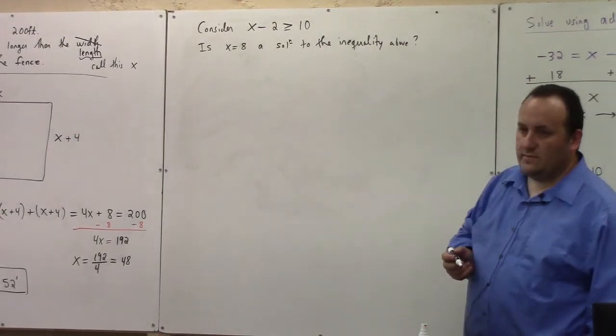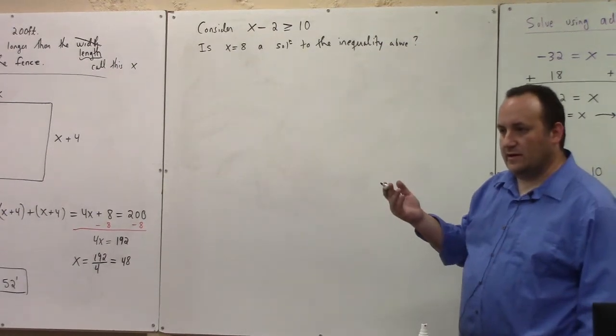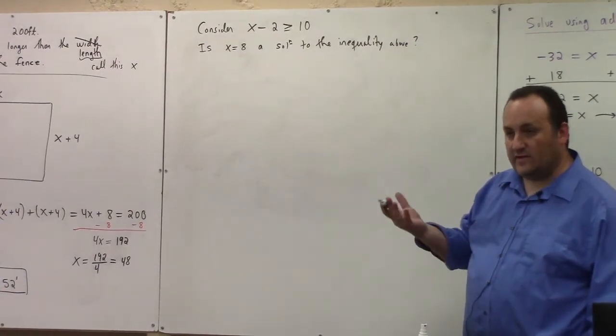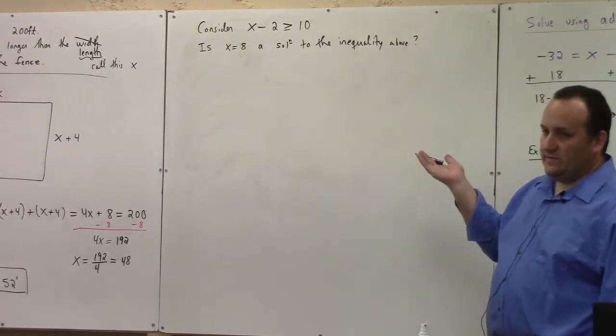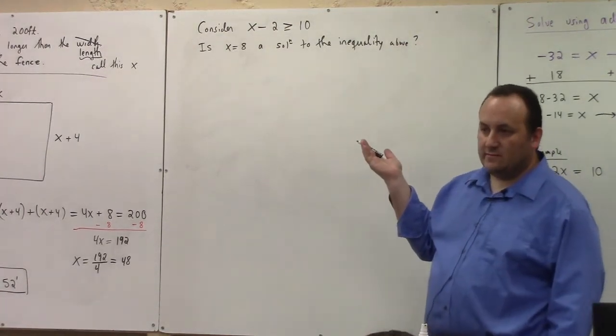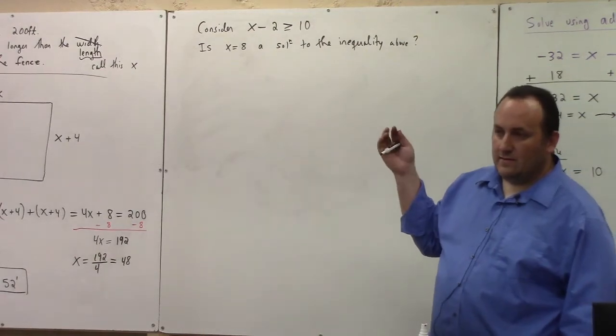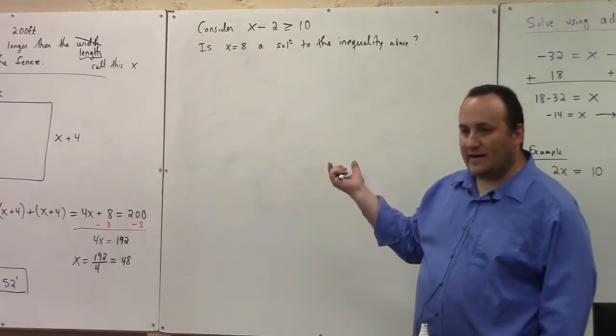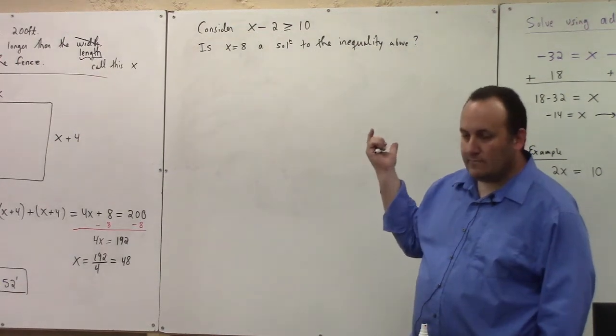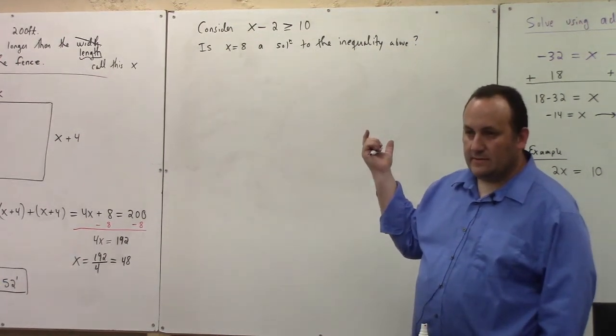I've talked about what an equation is, right? But this is not an equation, this is an inequality. Why? An inequality is when we have two expressions, and they're related by some inequality.